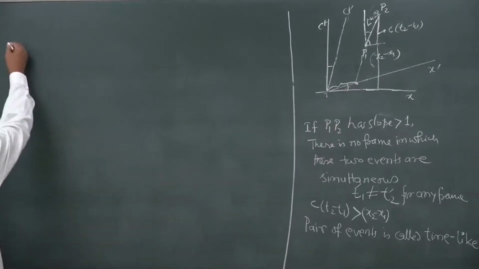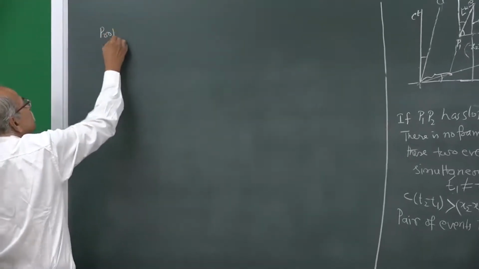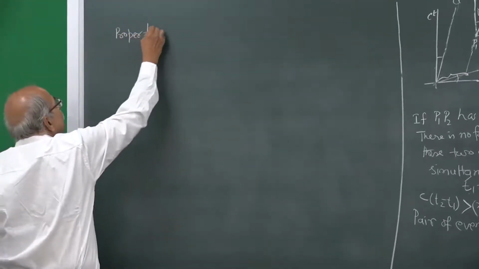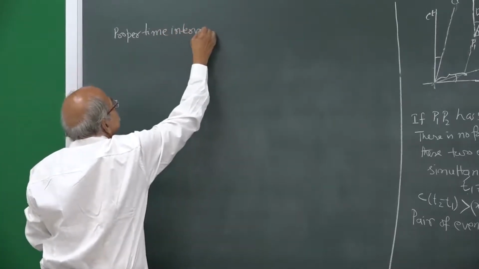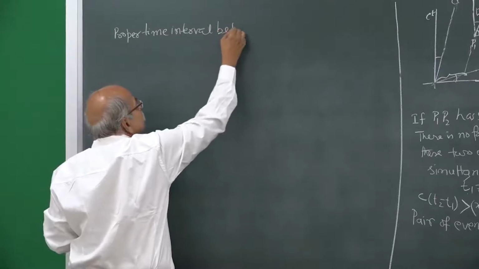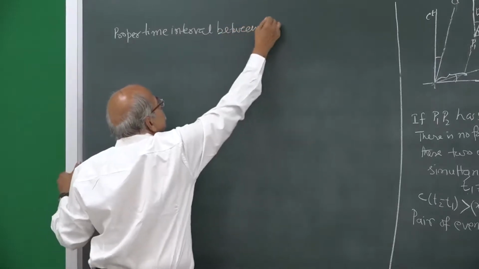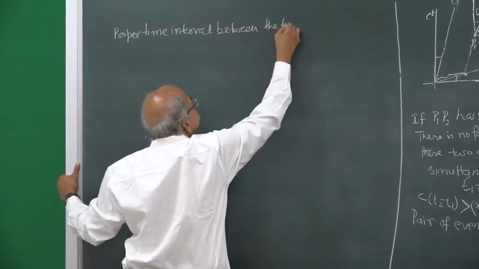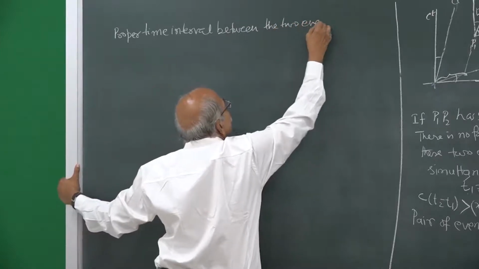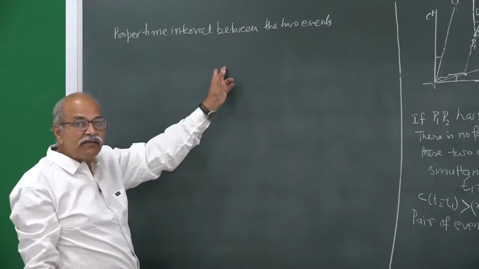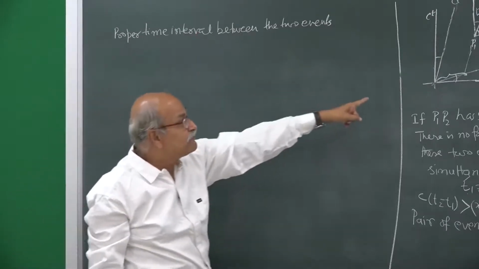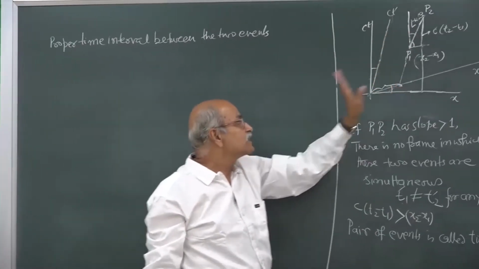So, proper time interval between the two events is the time interval measured in this S prime frame where the two are occurring at the same position.